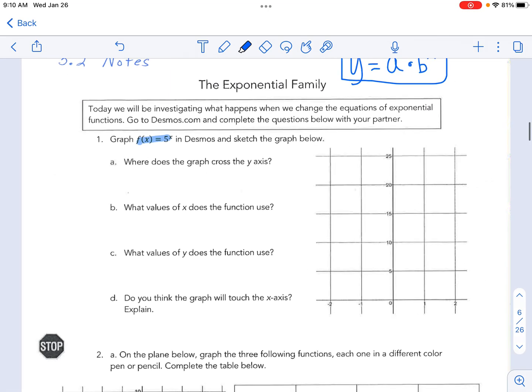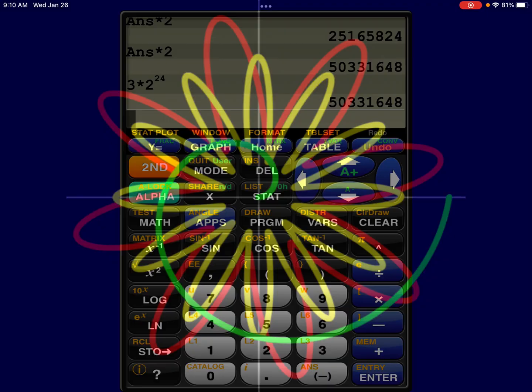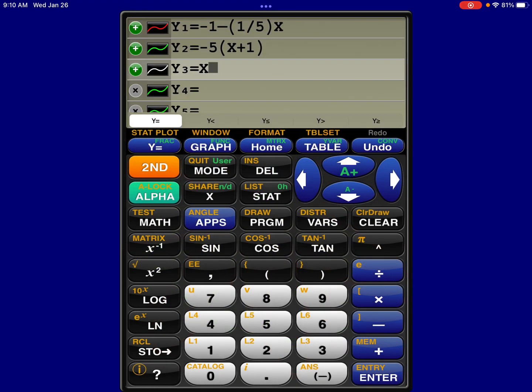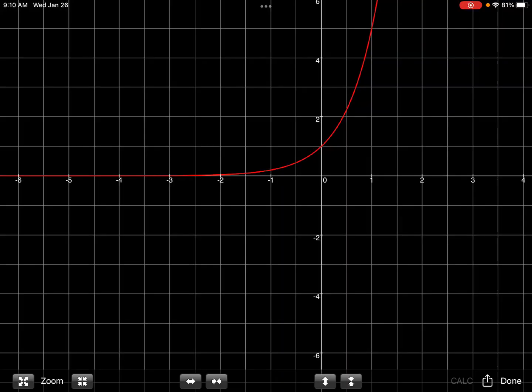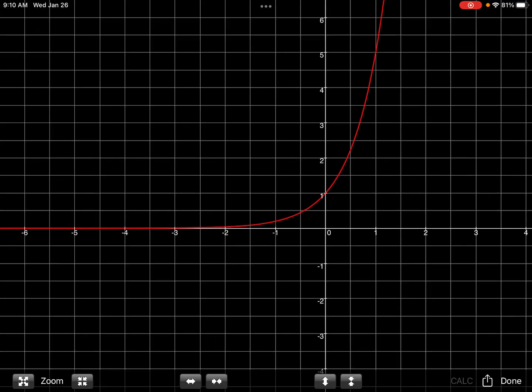So when we graph this, actually, what I could do is graph this in Graph and Calc. So if I go up to y equals and clear out all this, I can put in 5 to the x power, and I can graph it. And so the graph looks like this.